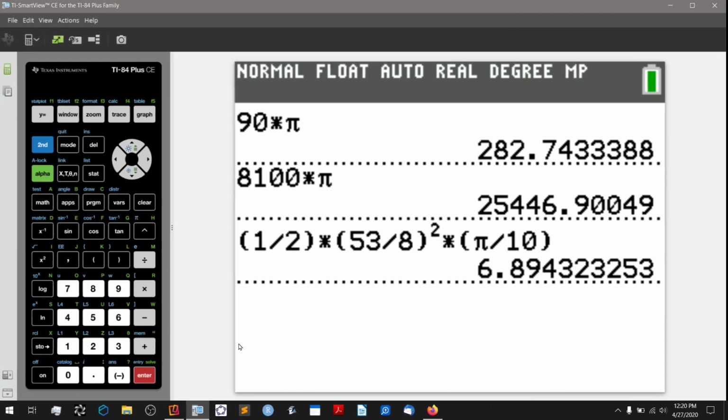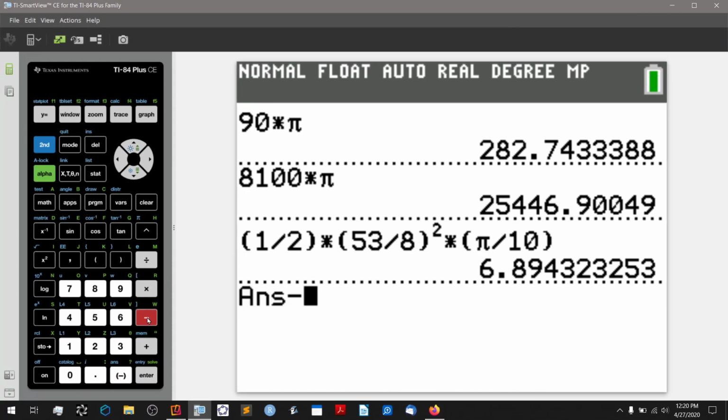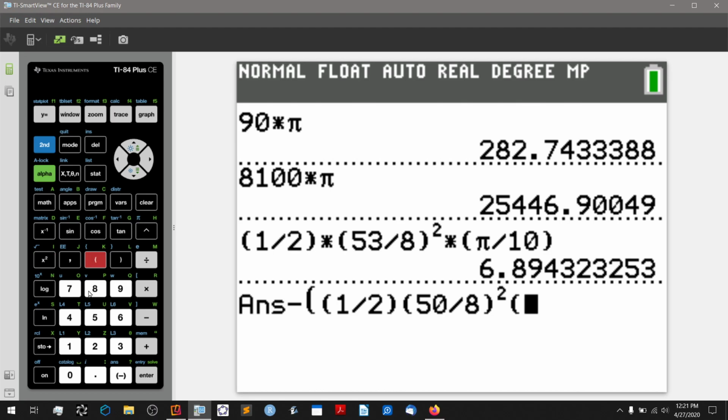So let's go back here. We still have that in there, minus, and then another parenthesis, 1/2 times 50 over 8 squared times pi over 10. I don't know why I keep saying 3.